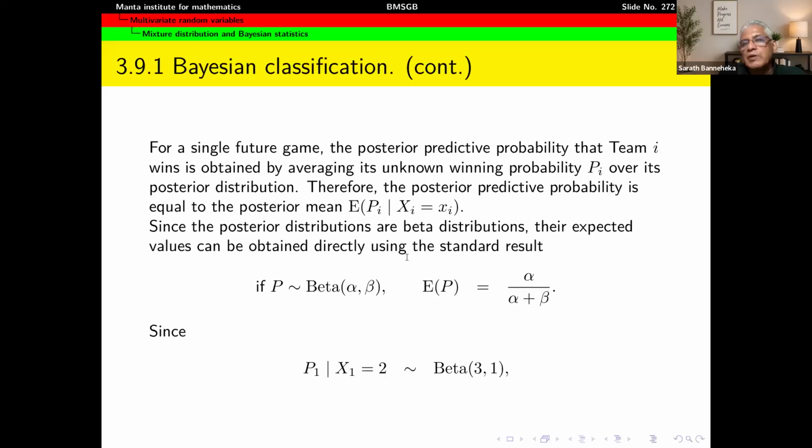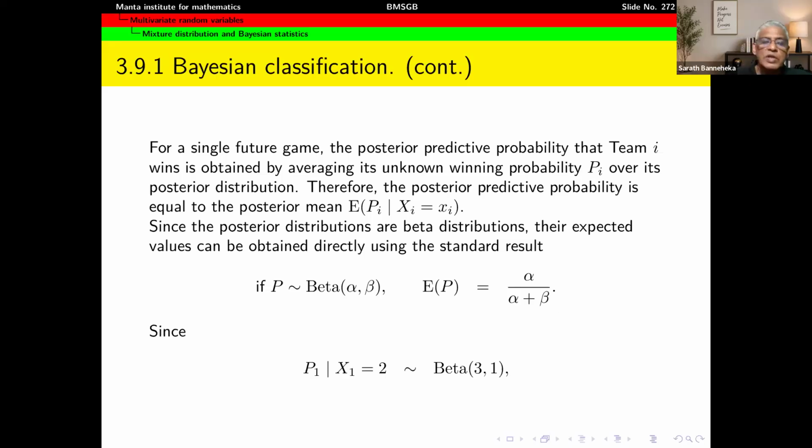So what are their expected values? Theoretically, for a given beta distribution, we know how to get the expected value directly using the known formula. In general, if a random variable P has a Beta(alpha, beta) distribution, then its expected value is alpha over alpha plus beta.